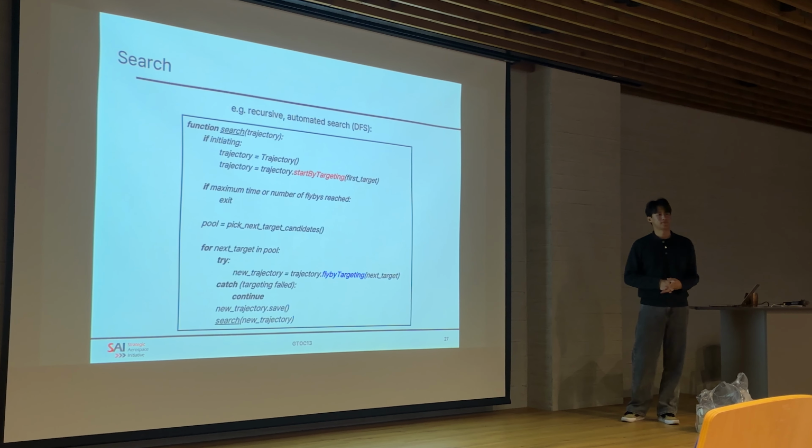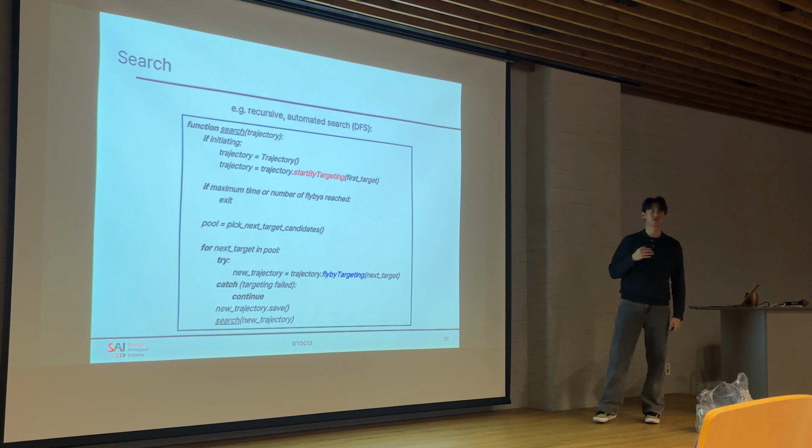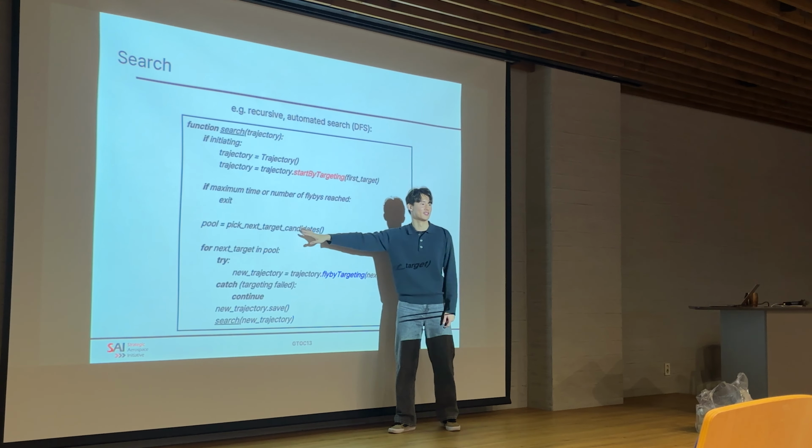And based on my memory, I read the description of the GTOC 13, and there are many targets, with different scores assigned to each target. Yes, so the consideration of the scores goes into the part of picking the next target candidate.